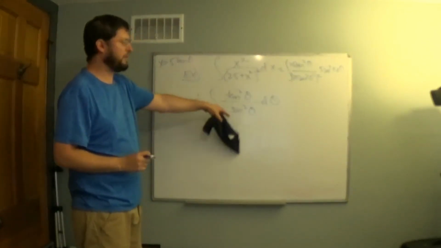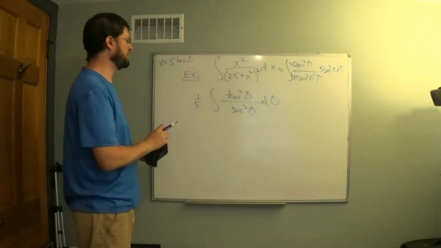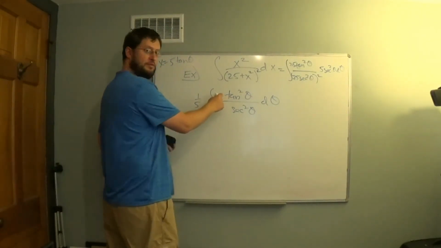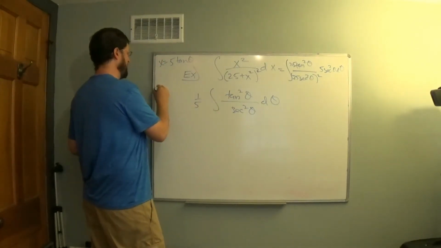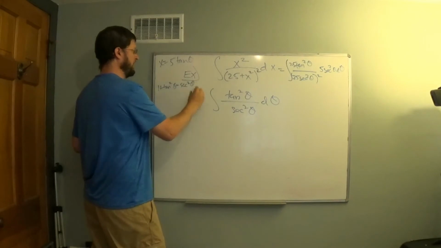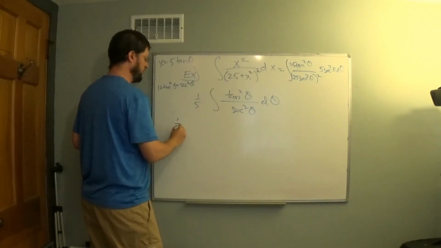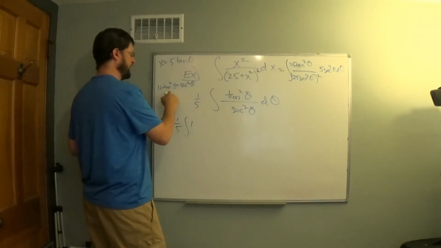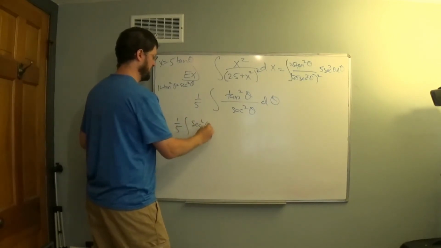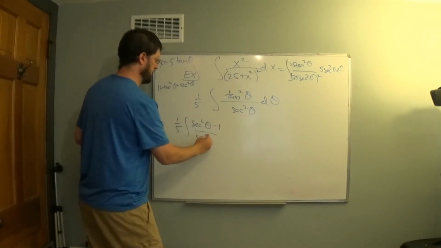We're going to apply a similar trick to what we just saw in the previous example. We can rewrite tangent squared. Remember that 1 plus tan squared is secant squared. So I can rewrite tan squared as secant squared theta minus 1, all over secant squared theta.